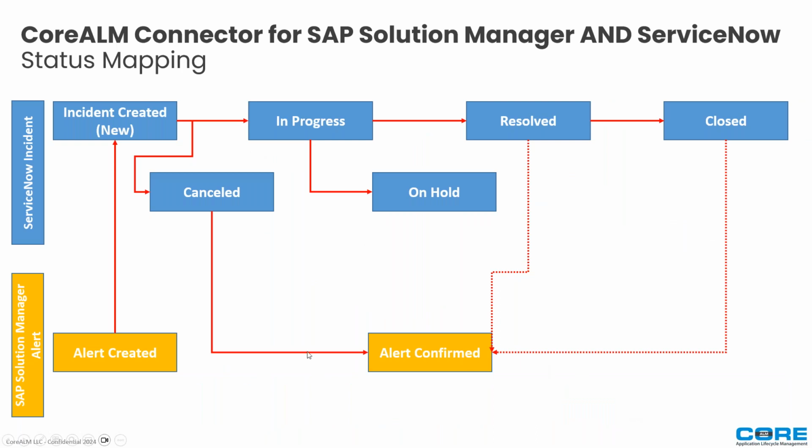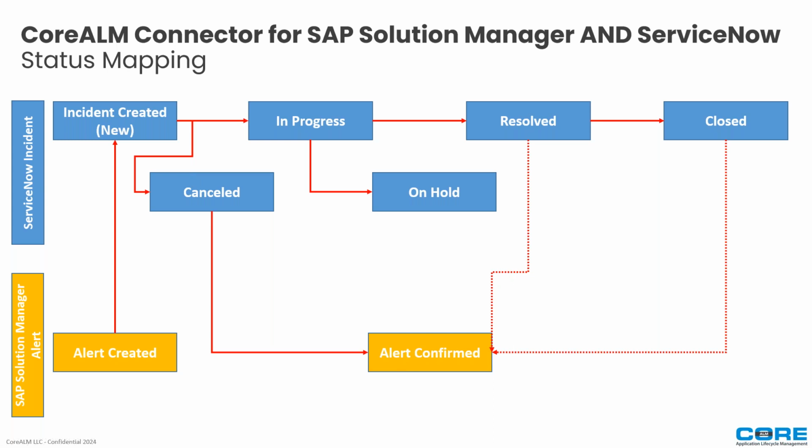This is just a sample workflow. For example, we have an alert in Solution Manager that is created. Automatically, we can choose to create an incident in ServiceNow, at which point we can choose to cancel it, which will confirm the alert in Solution Manager.